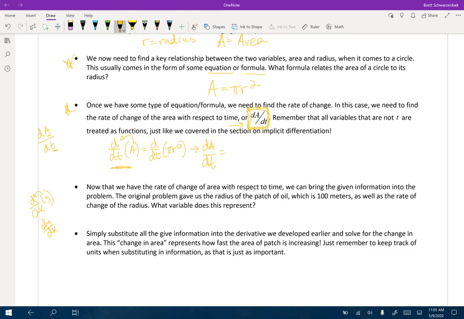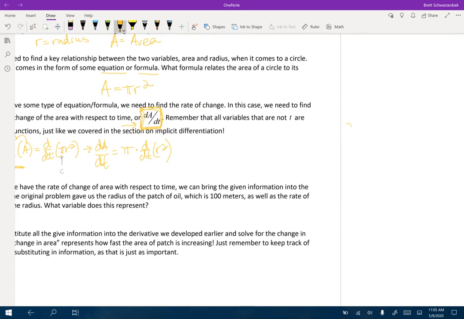Note that pi is a constant, so that is essentially just along for the ride. That means we can move the pi outside the derivative symbol, and we are going to take d dt of r squared. Okay, d dt of r squared. Now, what happened when we took d dx of y squared?